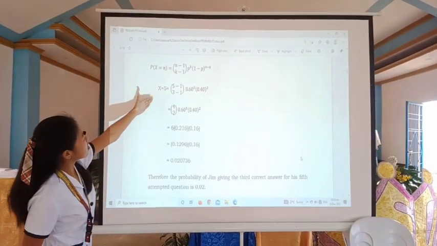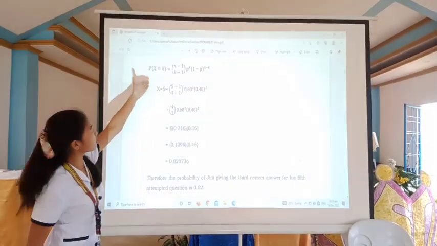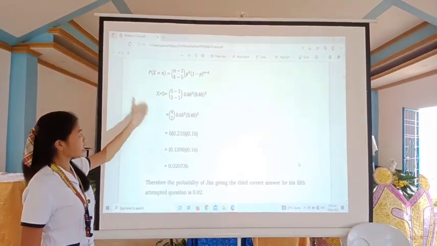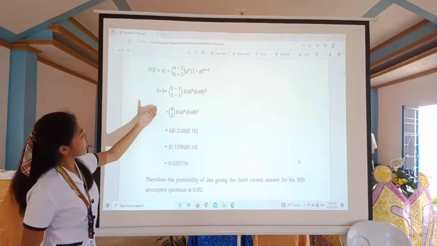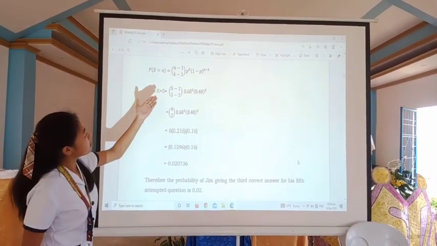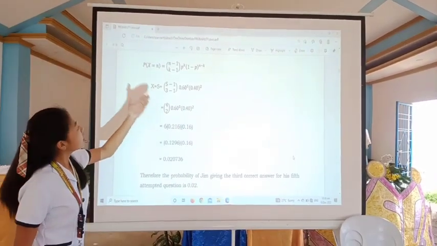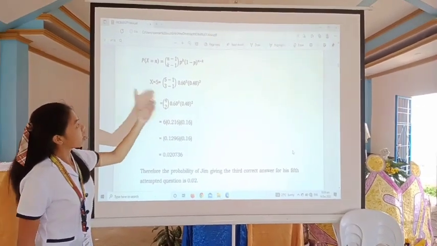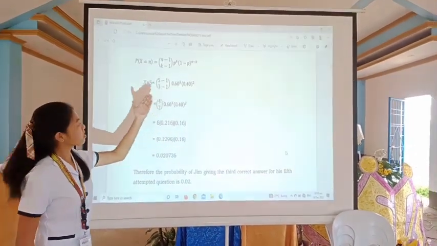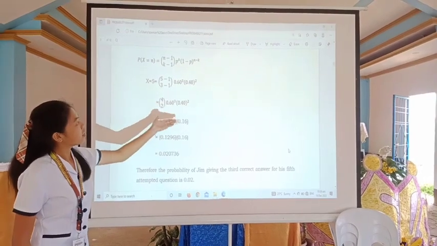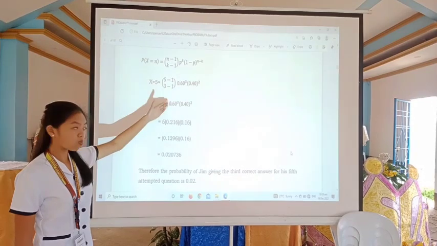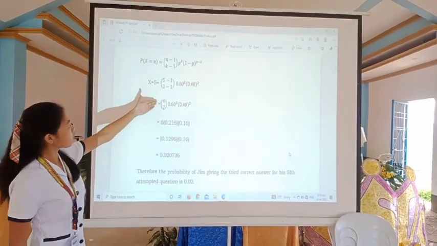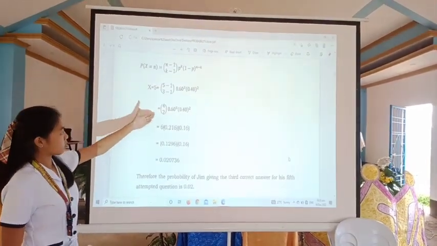We have X equal to 5, where 5 is our N, the number of trials, so 5 minus 1 combination k minus 1. Our probability is 0.60, then k is 3. The probability of failure is 0.40, and then we have the exponent 2. So 5 minus 1 is equal to 4, and 3 minus 1 is equal to 2.